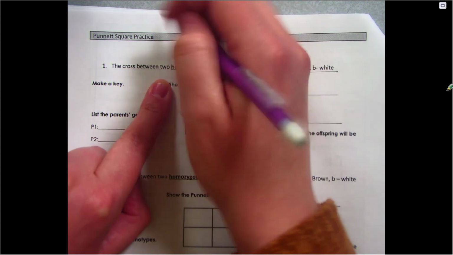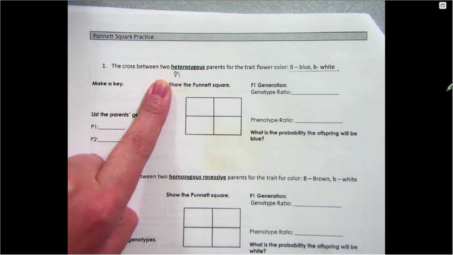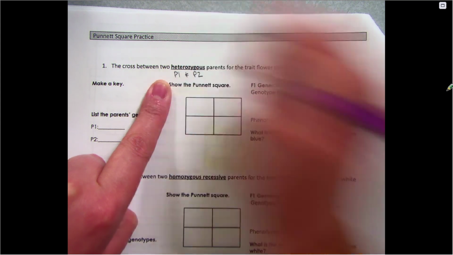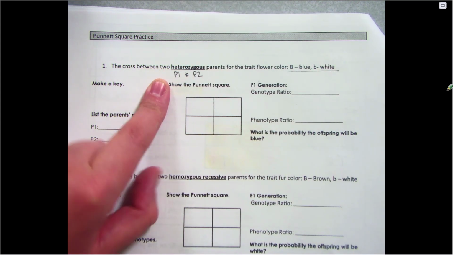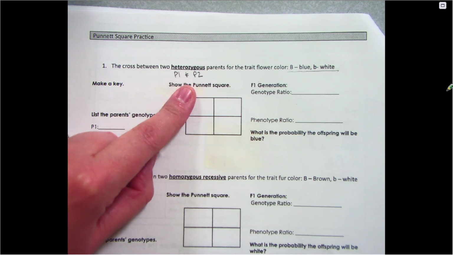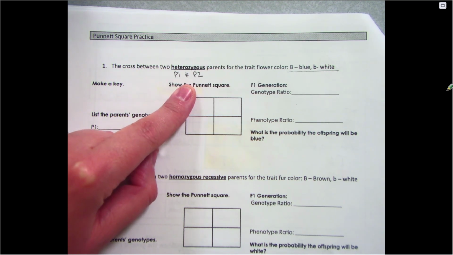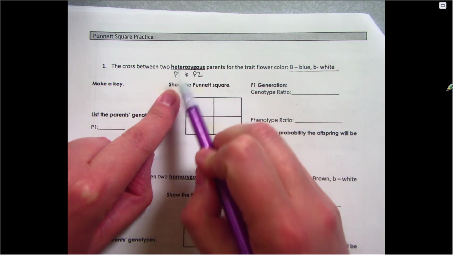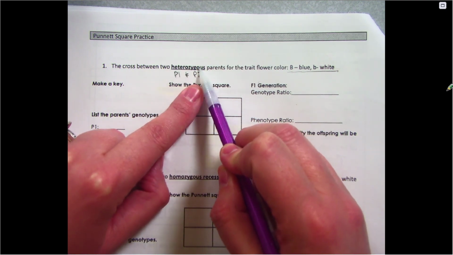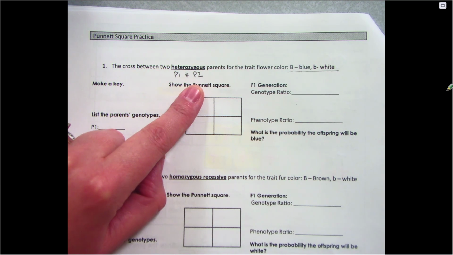So it's saying that parent 1 is heterozygous and parent 2 is heterozygous. Both parents are heterozygous, and that's okay. Your parents can be the same, your parents can be different, but parent 1 is heterozygous. Parent 2 is heterozygous. So make sure you guys pay attention to that part.